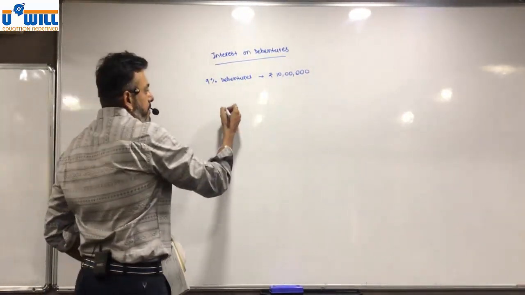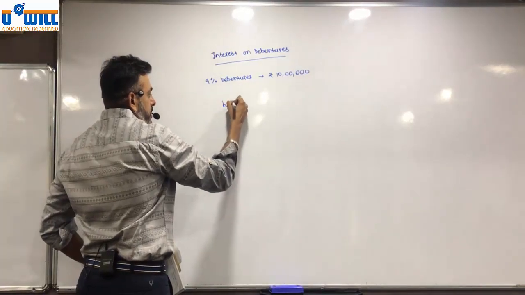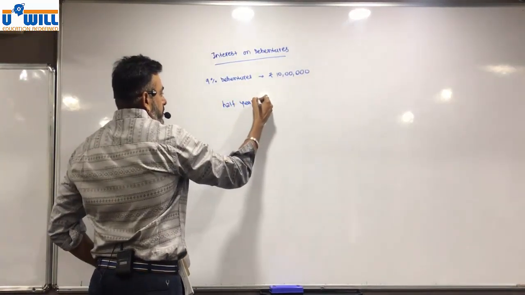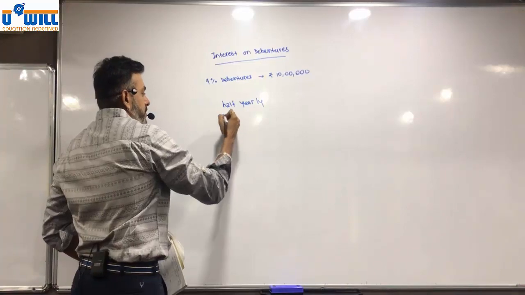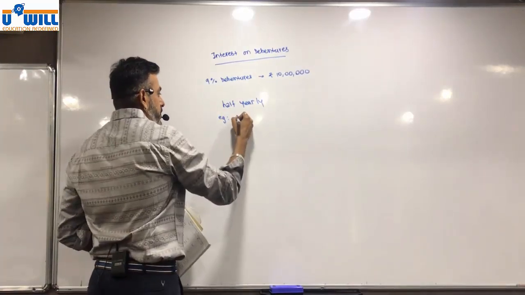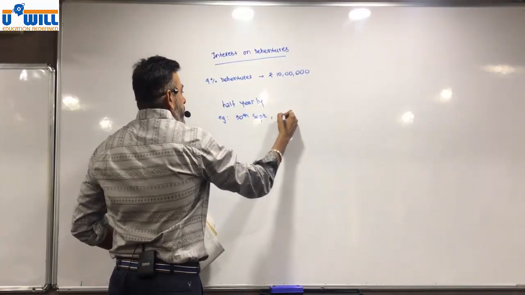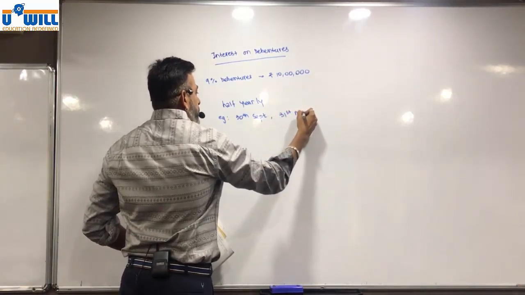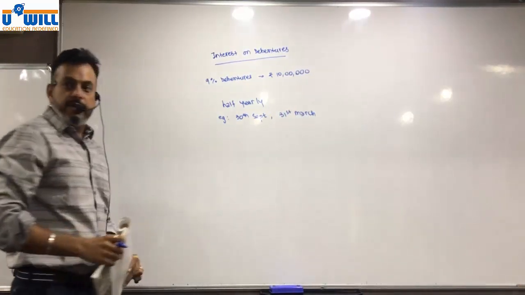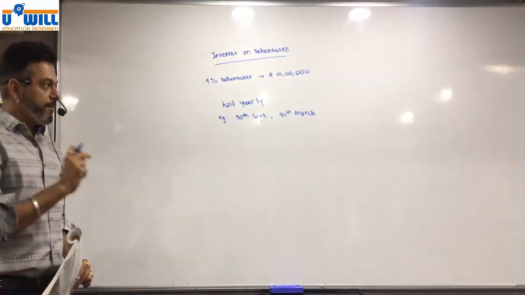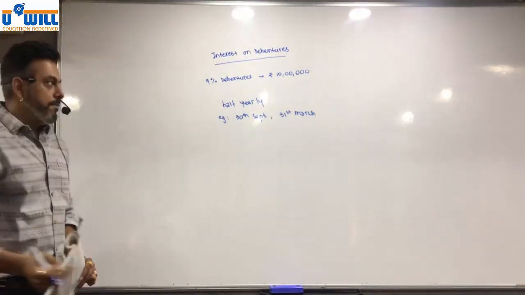Generally, interest on debenture is paid half yearly. For example, interest is paid on 30th September and 31st March. पता चला? 30th September and 31st March.